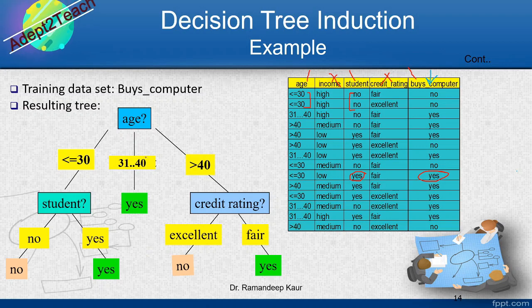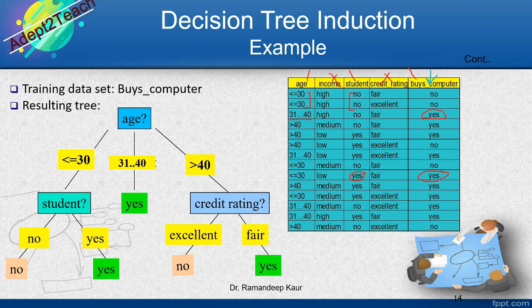Let's see the second category, when age lies between 31 to 40. No other criteria is needed here. Only 31 to 40 and buys computer have the direct relationship, regardless of student, income and credit rating. All three conditions are not required.